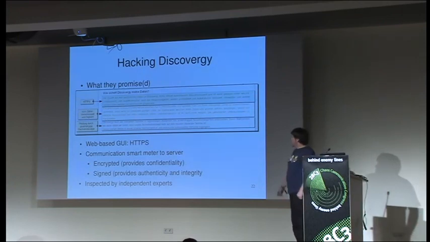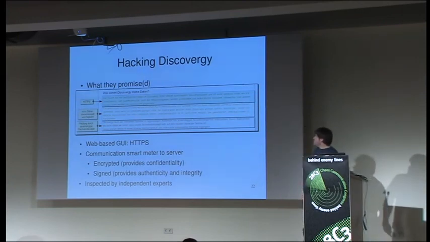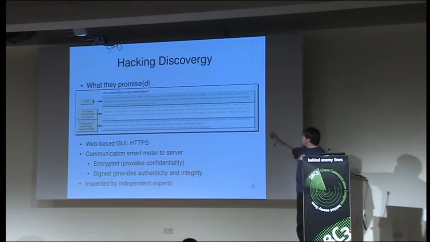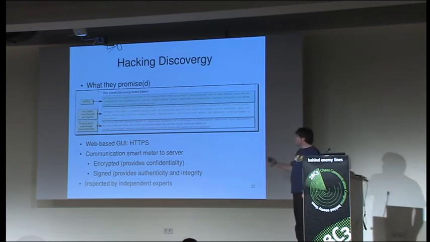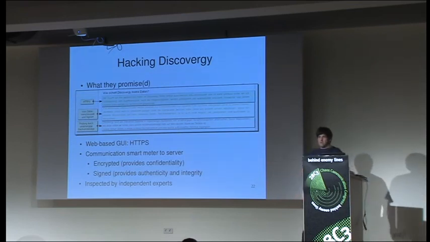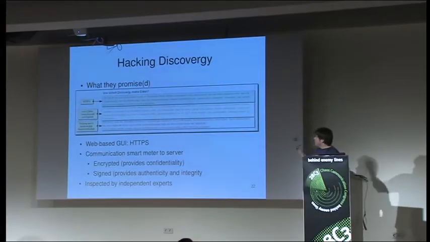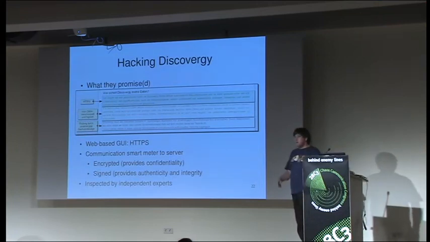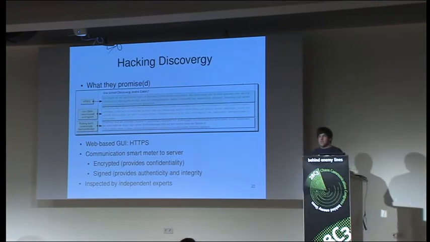They say, how is Discovergy going to protect my data? In the green one, they say that they use a web-based GUI, basically HTTPS, so if you go to the web front end, and if you enter your password and your data is displayed, everything is secure, everything is encrypted, so there's no problem. The yellow one says how the smart meter is talking to their servers.